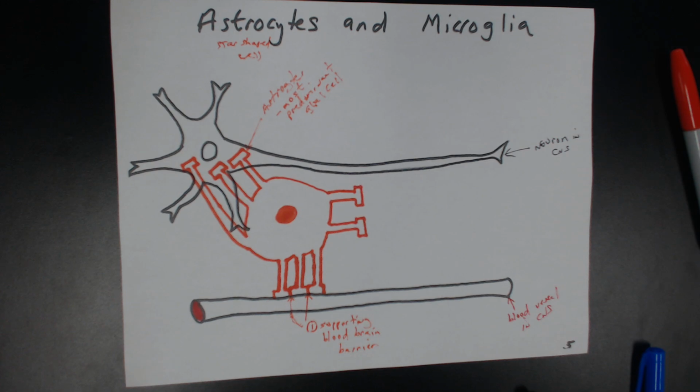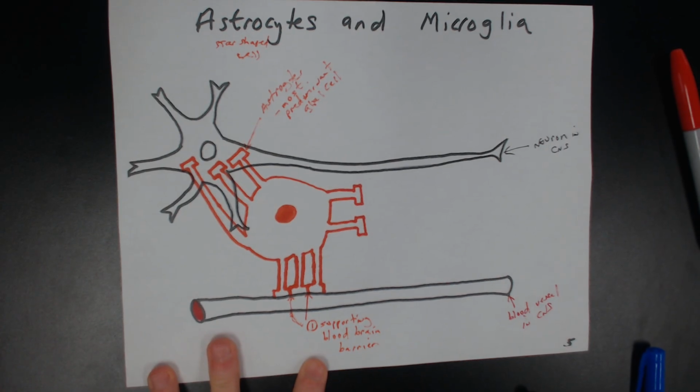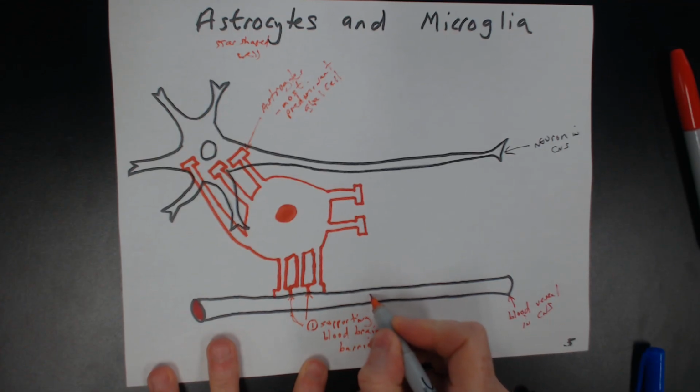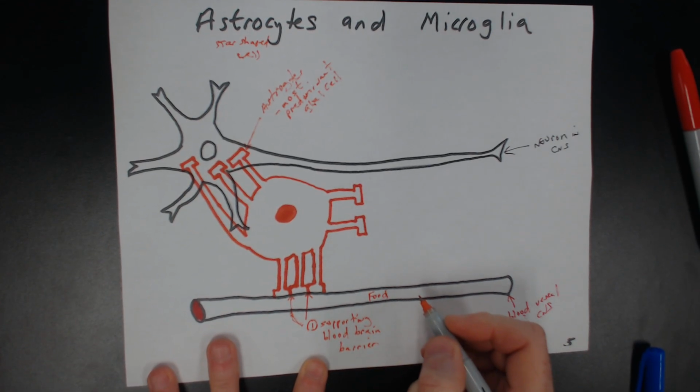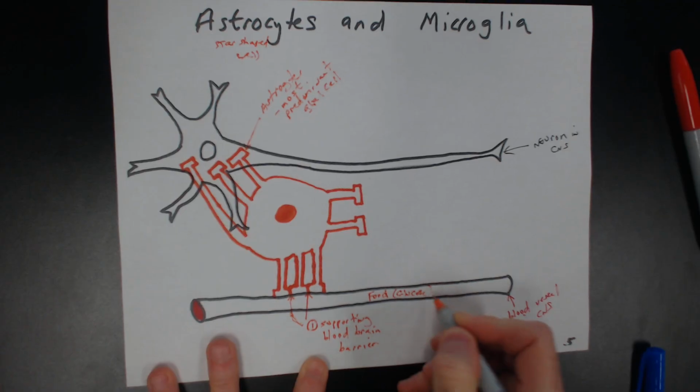The second one is, if you have to think about food, how do the neurons get food from the blood vessel? So the predominant food that the neuron is going to want is, does anybody know what neurons prefer? Glucose. Glucose, absolutely. Plain old sugar.